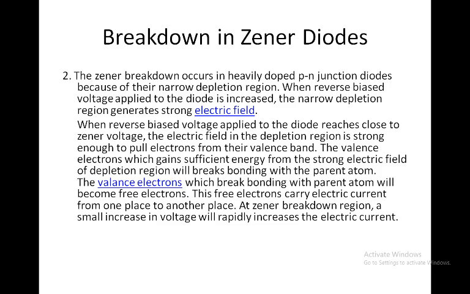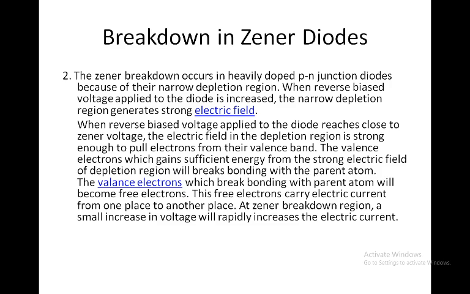Now for a Zener diode, the breakdown occurs in a heavily doped PN junction diode because of its narrow depletion layer. The depletion layer is very narrow. So when the reverse bias voltage applied to the diode is increased, the narrow depletion region generates a very strong electric field.